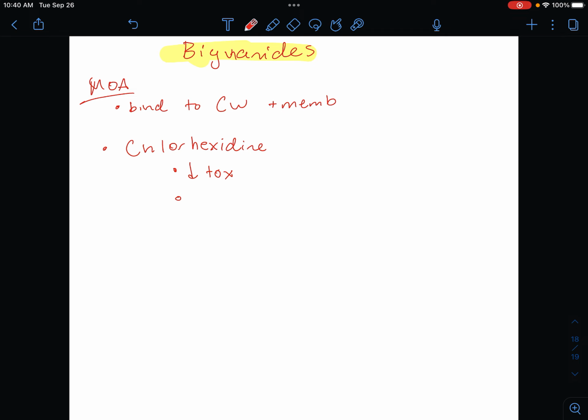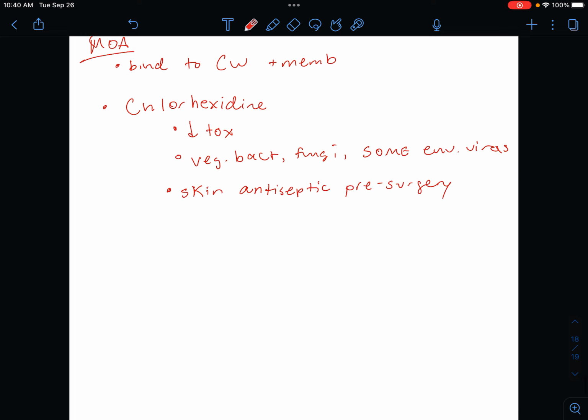It destroys vegetative bacteria, fungi, and some enveloped viruses. It's a skin antiseptic, used pre-surgery. It's also seen in mouthwash.